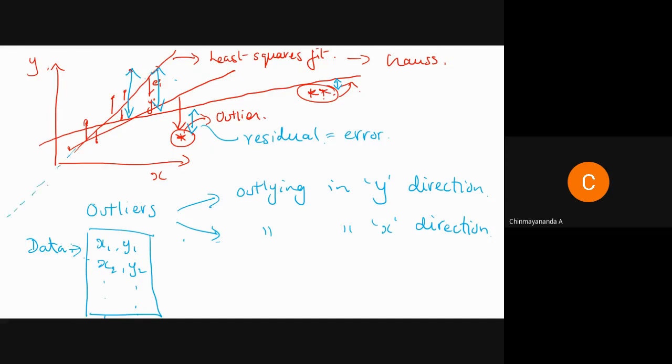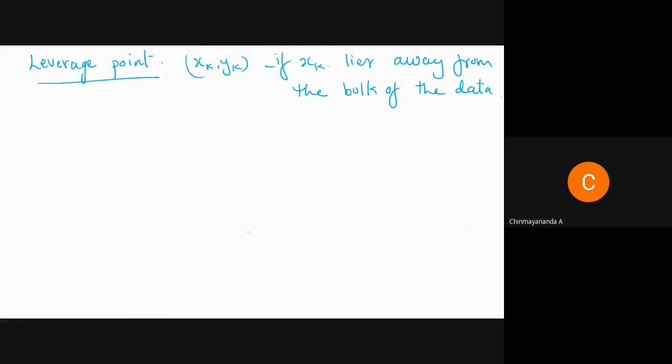This was the original data that we have without outliers, and probably we might have some point here. These blue points are known as leverage points, or it can be somewhere here also, very far away. So this is also a leverage point.